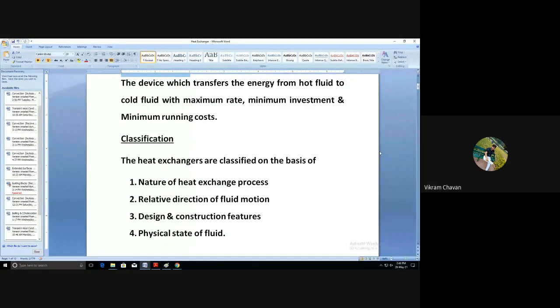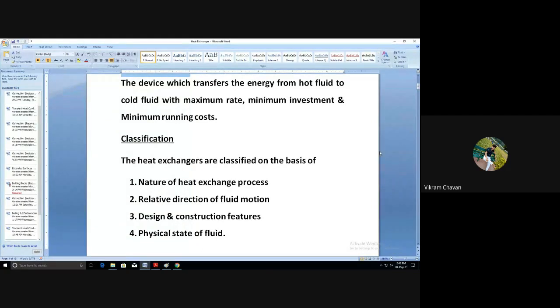Second one, relative direction of fluid motion. Third one, design and construction features. Fourth one, physical state of fluid.